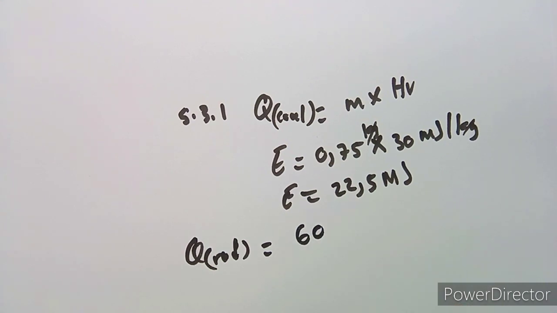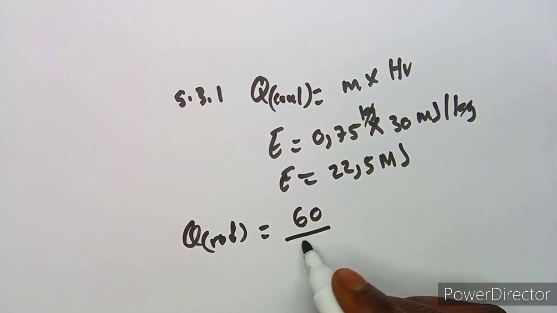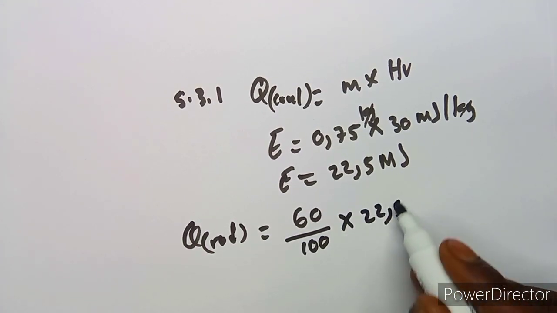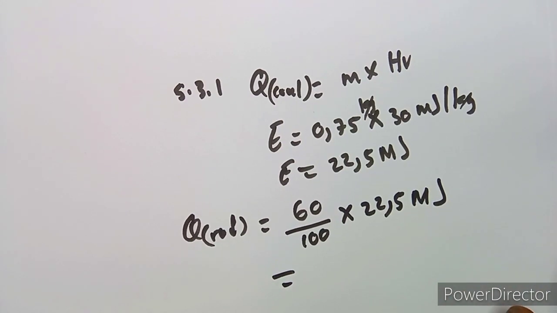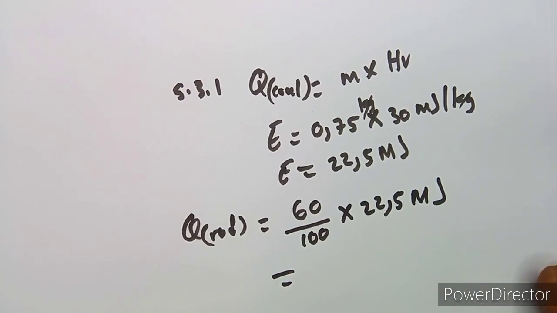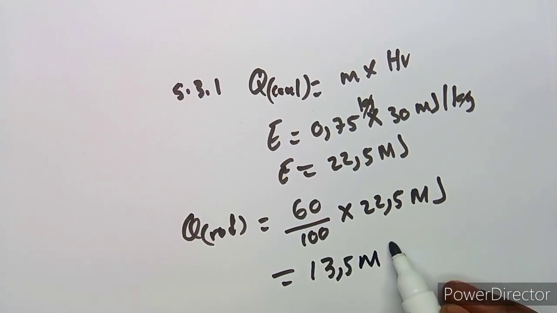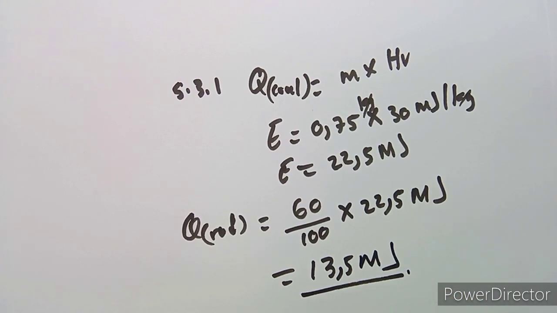And remember, 60% simply means 60 over 100, or 0.6 times 22.5 megajoules. All right, so play around, guys, with your calculations here. You're going to obtain 13.5 megajoules in this case. So this is the heat that was transferred to the aluminium rod because of that 60%.